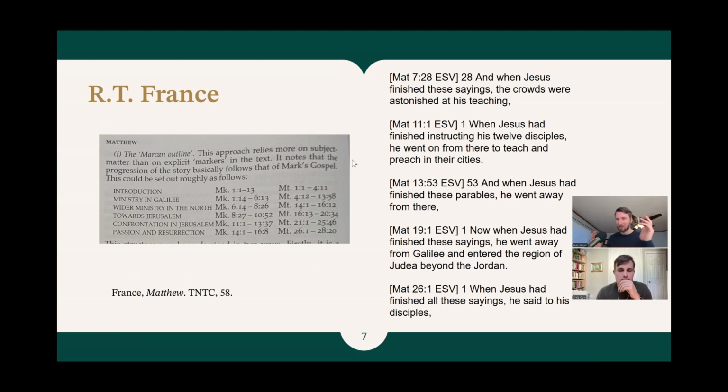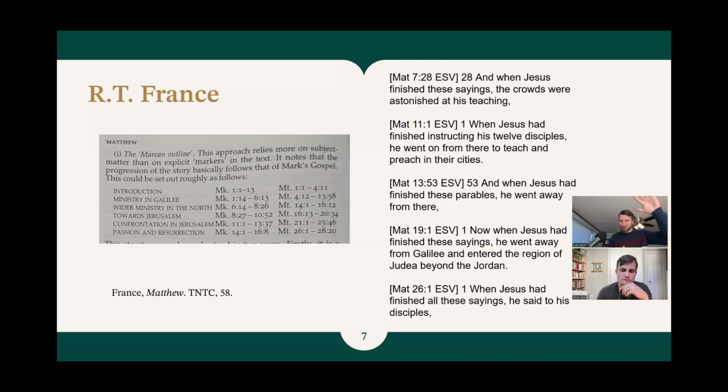It seems like there are five discourses in the Gospel of Matthew. What he disagrees with is that there's this intentional five-part structure, like narrative, discourse, narrative, discourse, narrative, discourse. He more says the narrative is just following the narrative structure of Mark, from his Galilee ministry to his going down to Jerusalem and then his time in Jerusalem.